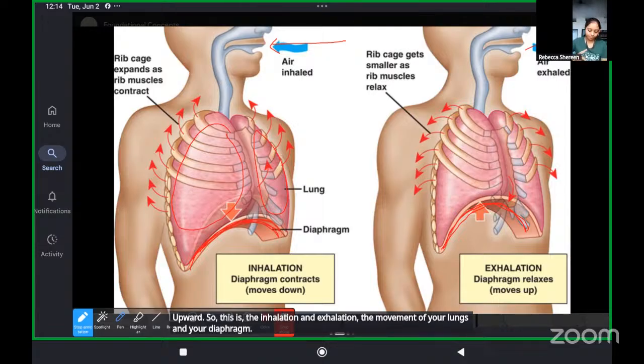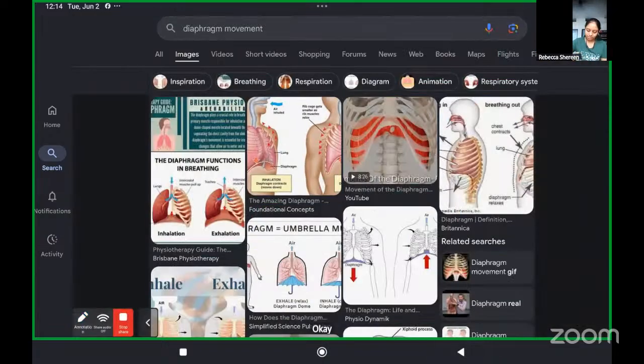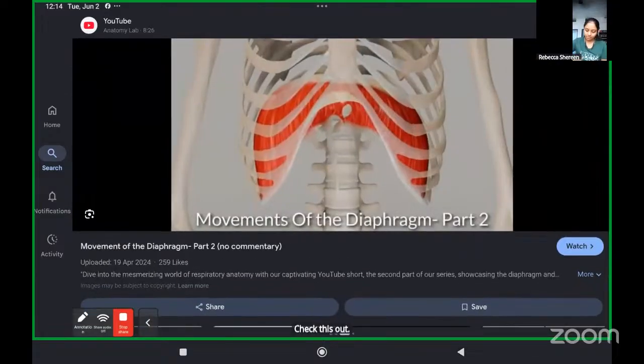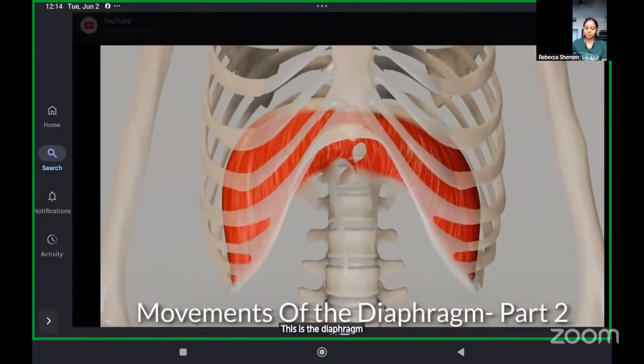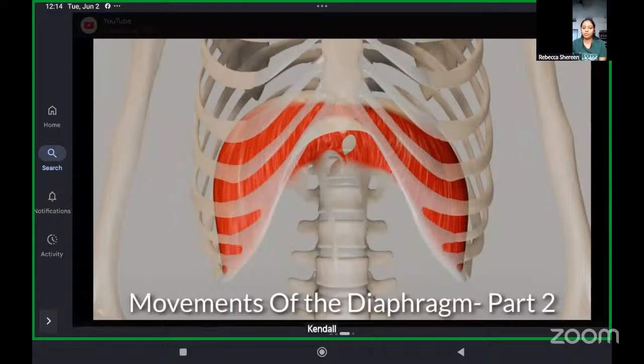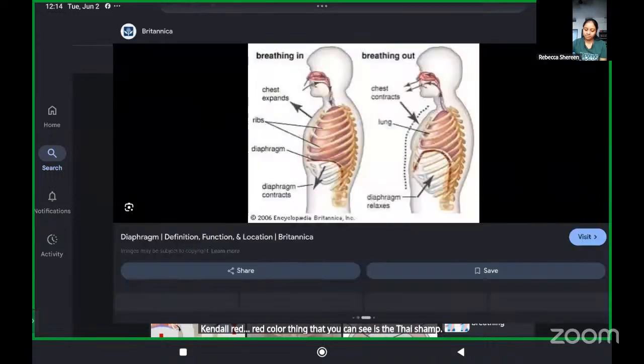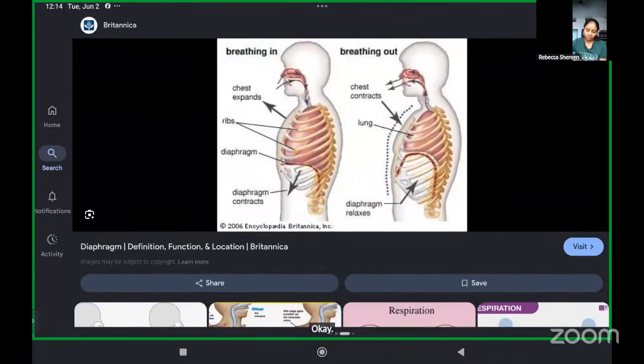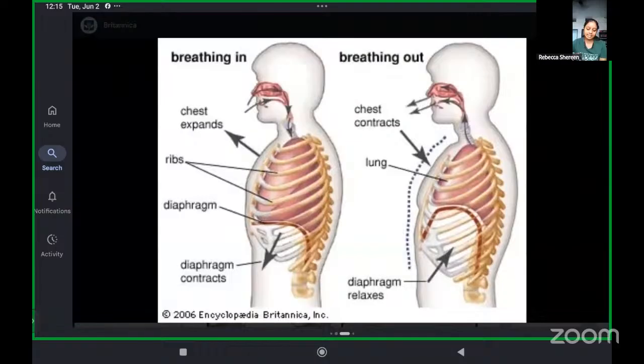Check this out. This is the diaphragm here. The red colored thing that you can see is the diaphragm. This is also a good diagram. When you breathe in, your chest expands and the diaphragm contracts.